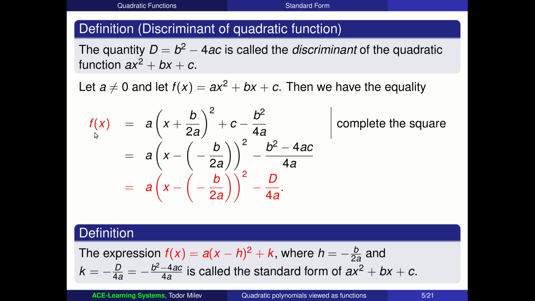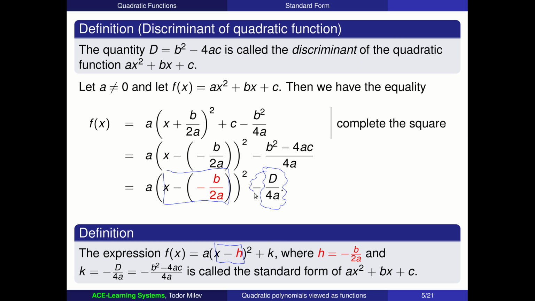Given a quadratic function, we saw that we can rewrite it in the form a times something squared, plus yet another constant.